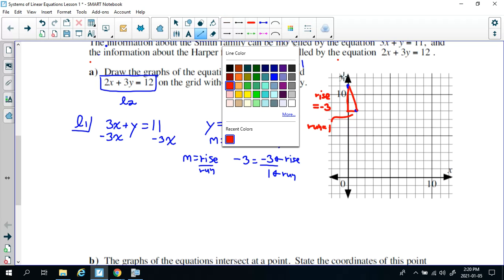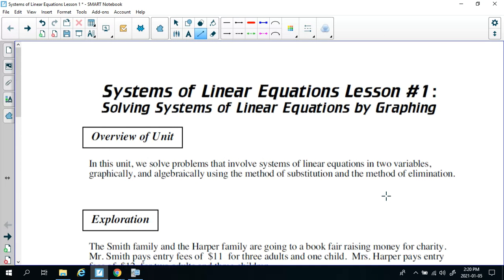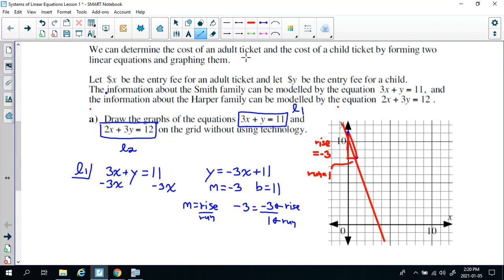Let's see if I can get it to go through here. It's pretty mediocre. Let's move it over a bit. That didn't work. Okay, let's go back down here and see if I can grab that line.